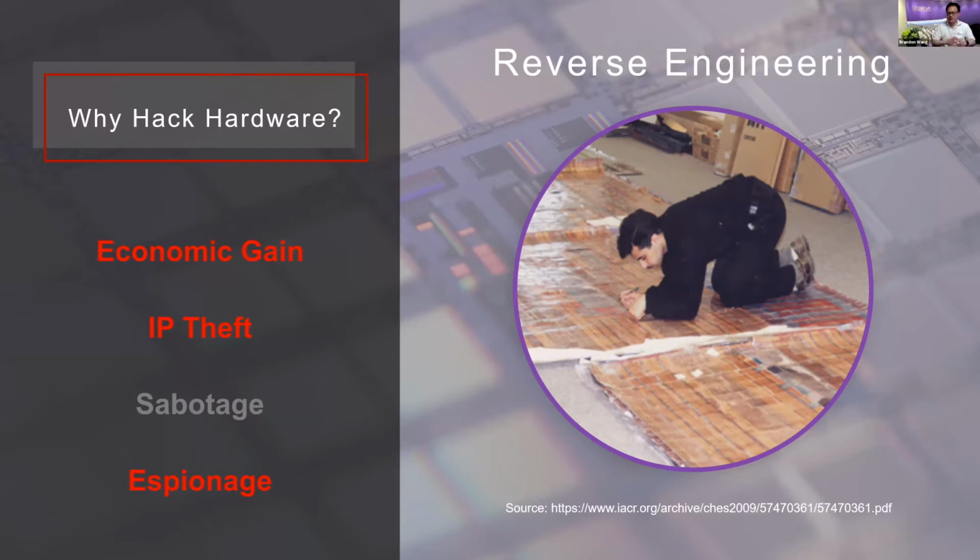That's like 20 years ago. Reverse engineering would check every layer of the metals, then reverse the schematic and re-enter it into the schematic editor. And this was done in 1 or 2 micron technology. Of course, now this is much more complicated as we move to advanced nodes.